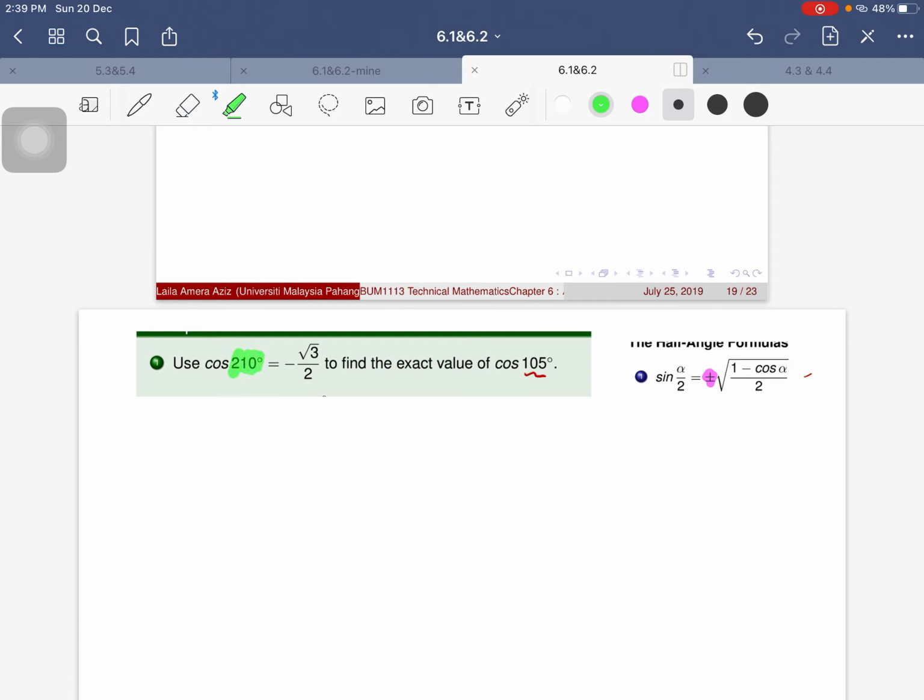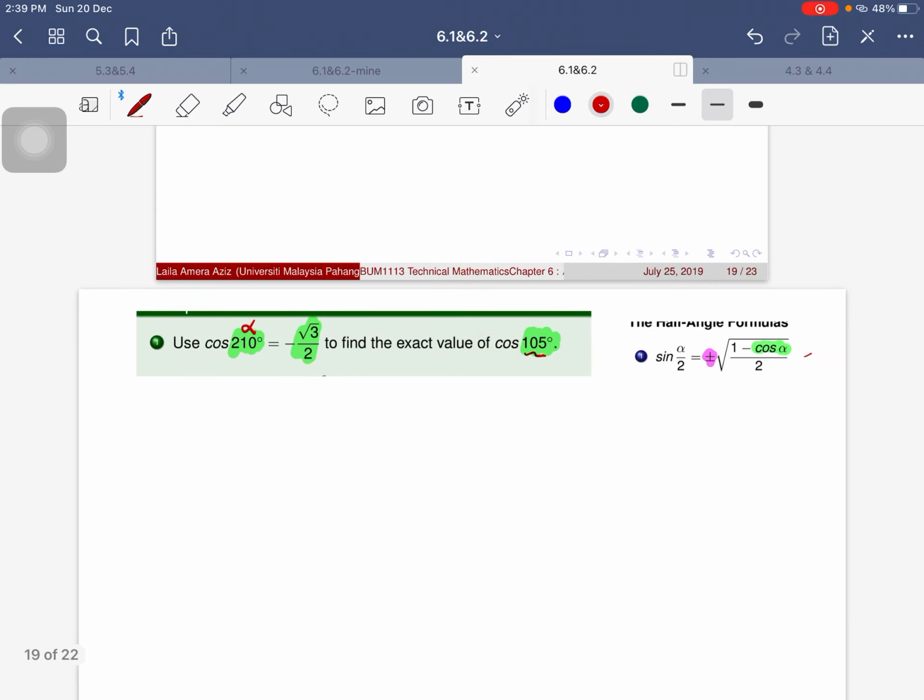Okay, first of all, I'm going to have to try to relate between these two. So what is the relationship between 210 degrees and cos 105? In this formula, I have to substitute a value of cos of alpha, and because we have to use this value, we can tell right away that this is going to be our alpha value, and we can see there is something going on over here.